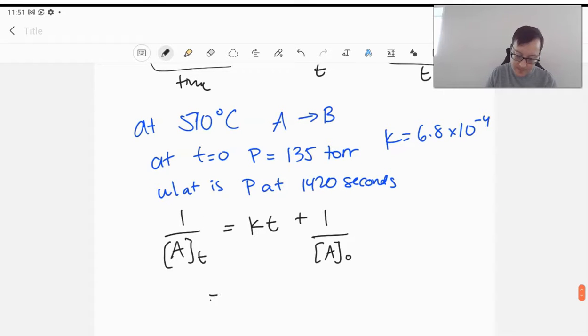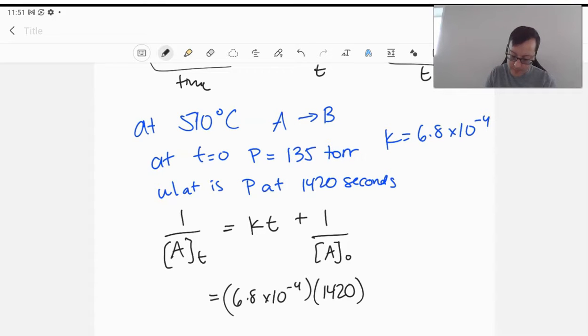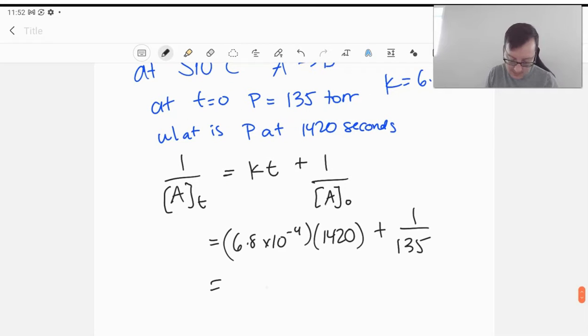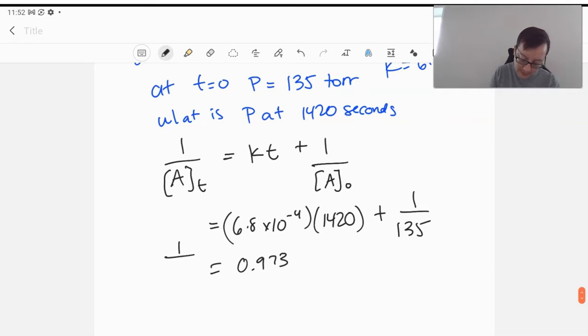So that's going to equal 6.8 times 10 to the negative 4 times 1420 plus 1 over 135. Bust it out. We get 0.973, and that's our inverted value.